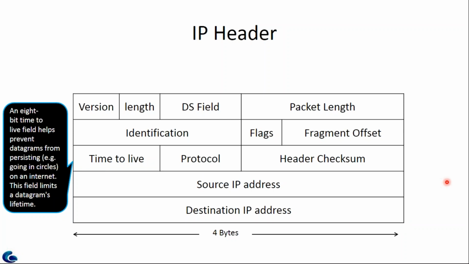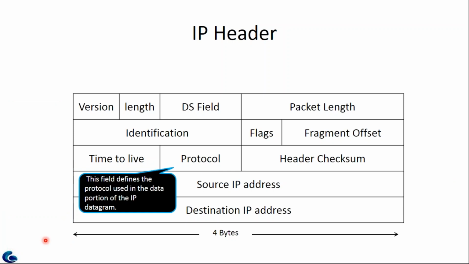So it reports back a message saying that, boss, your packet didn't make it through the network, because it went through circles and I had to drop it because it has reached the minimum TTL value. So that way, by bringing down the TTL value every time one by one, you are actually ensuring that the datagrams are not persisting, they are not going in circles, right?